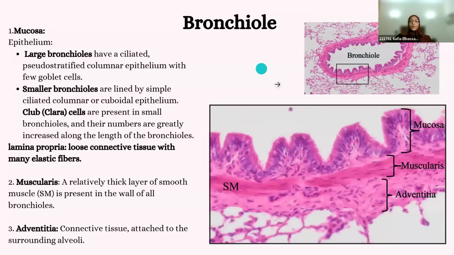Okay, so once you go a little bit deeper into the tracheobronchial tree, after the bronchus, you would see the bronchiole. So as for the epithelium of the bronchiole, this really depends on whether it's a large bronchiole or a smaller bronchiole.